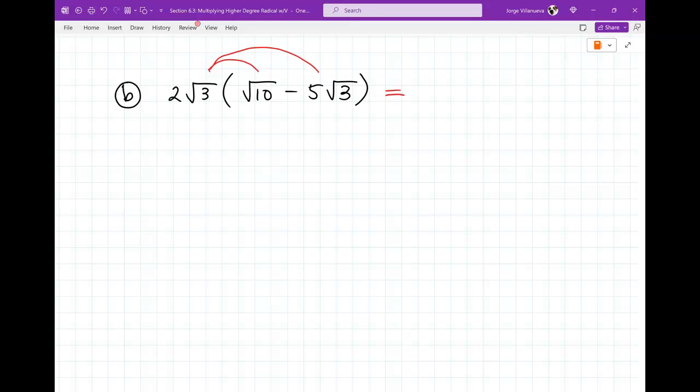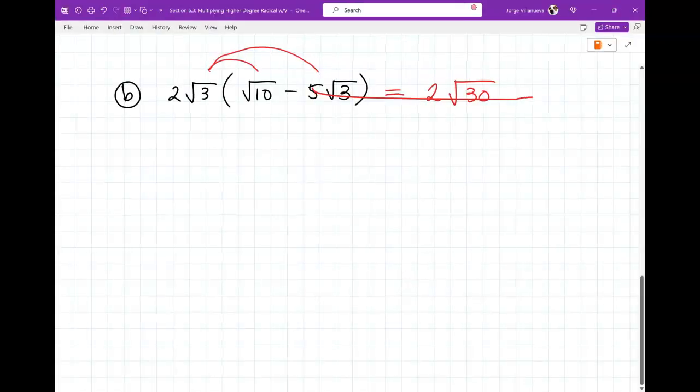So 2 times 1 in front of the radical 10, that's 2. Radical 3 times radical 10, that's 30. Okay? Minus, whoops, sorry about that. I pressed something incorrectly. Minus 2 times 5, that's 10. Square root of 3 times 3, which is 9.